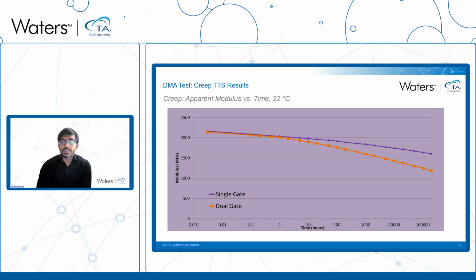The creep test results demonstrate that the initial modulus values were consistent between the single gate and dual gated specimens, as you can see during this initial period here. However, over time, the modulus declined significantly more rapidly for the dual gated specimens.